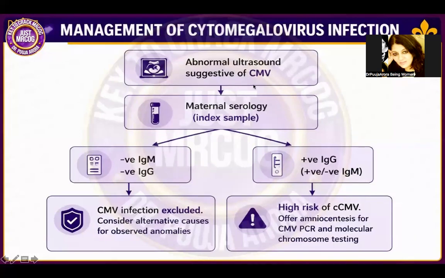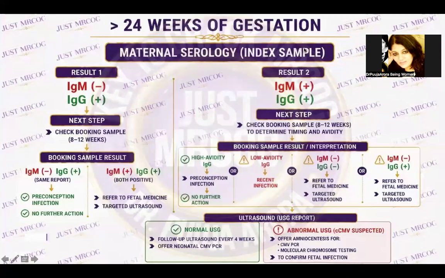This is an incidental finding of CMV in ultrasound. Then we offer IgG and IgM, and accordingly we offer amniocentesis. But if the patient has already been diagnosed with CMV as per serology, then we offer ultrasound. If the ultrasound is normal, we are going to offer this.